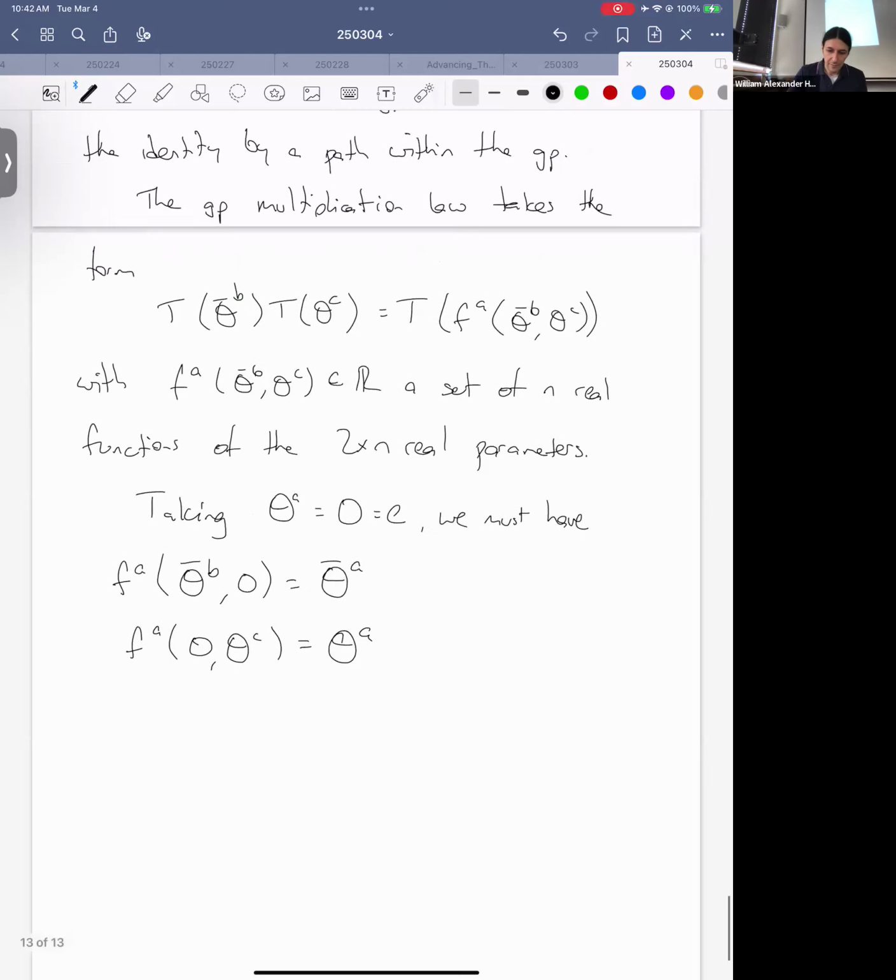I'm saying what if I symmetry transform by nothing, then I symmetry transform by theta bar? Then my total transformation just has to be the transformation by theta bar. So that tells me this f^A has to be theta bar A. And similarly, if I do some symmetry transformation theta C followed by nothing, I better get back the symmetry transformation, which is just the transformation theta C. And so that means that f^A of 0, theta C has to be theta C A. Yes.